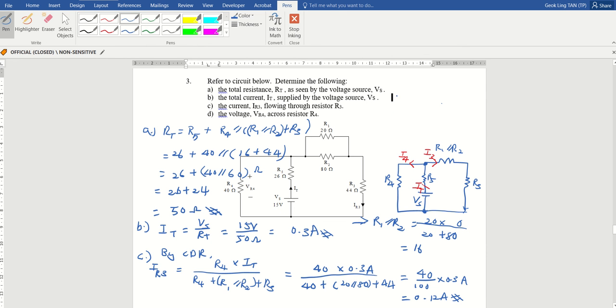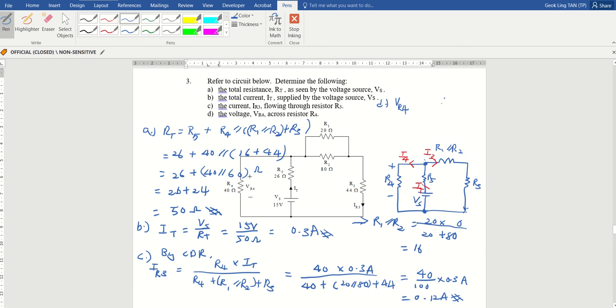Okay, for part D, VR4 is the voltage drop here, right? Positive, negative. Because it's in parallel with these two points, if you subtract the voltage drop across R5 from the supply voltage, that will give you the value of VR4.